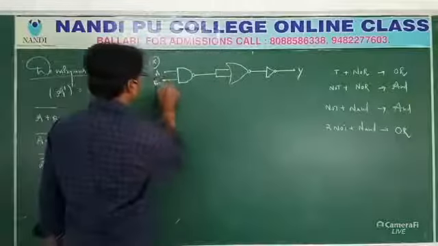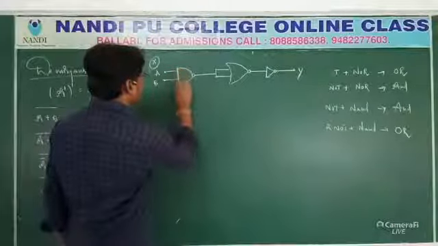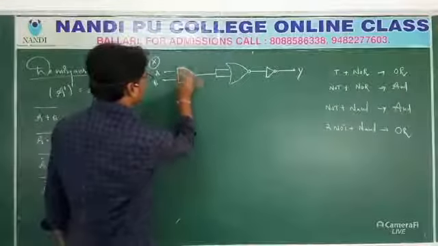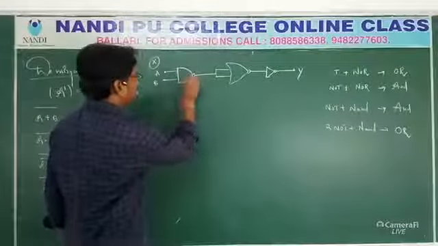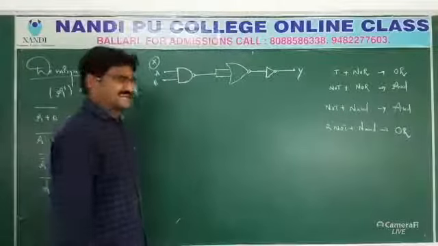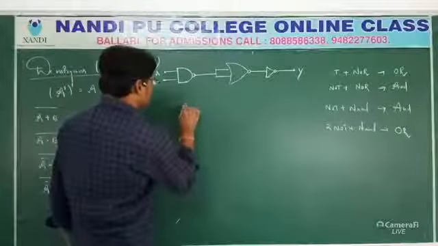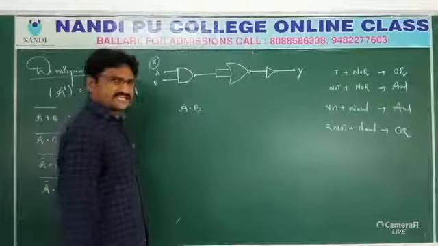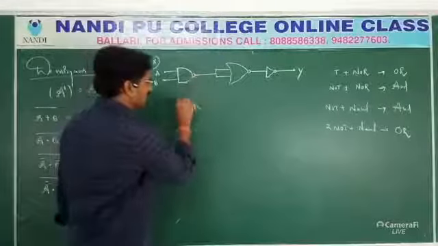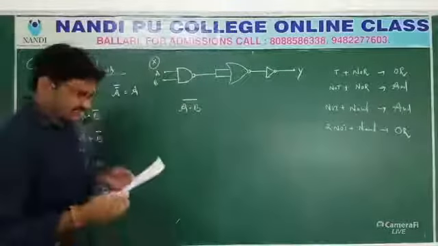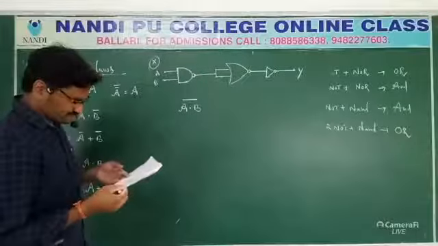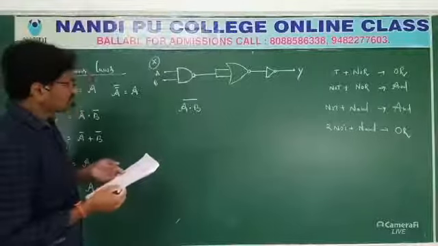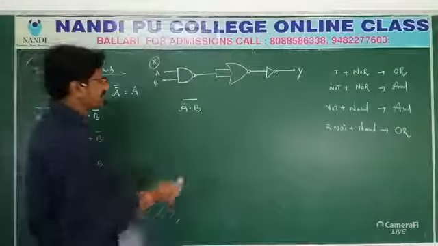See first, this is A comma B. Here it is AND plus NOT, a NAND gate. NAND gate means A dot B, which is AND, and again a NOT symbol, so a whole bar will come. First one is a NOR gate only, given.